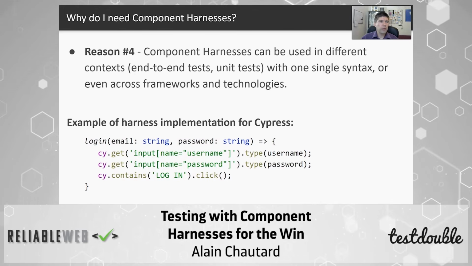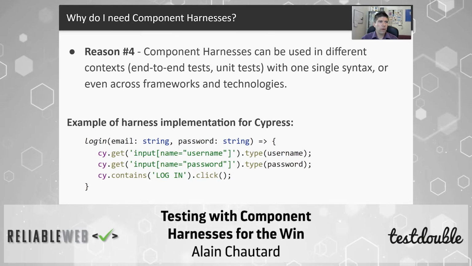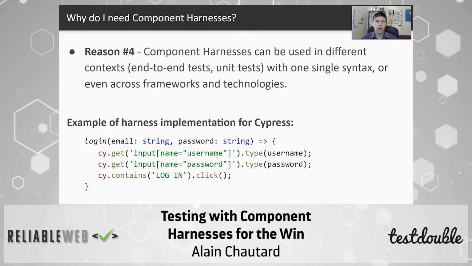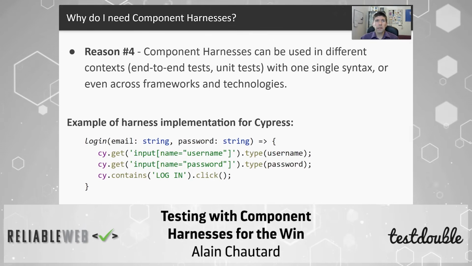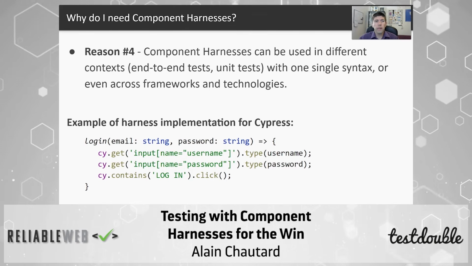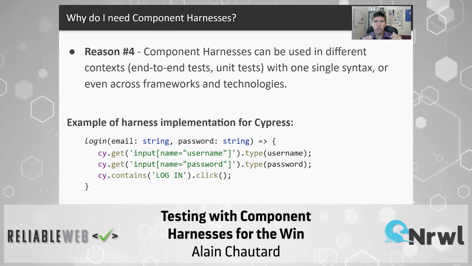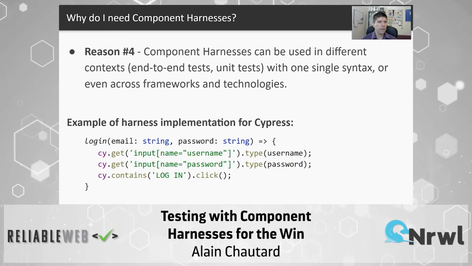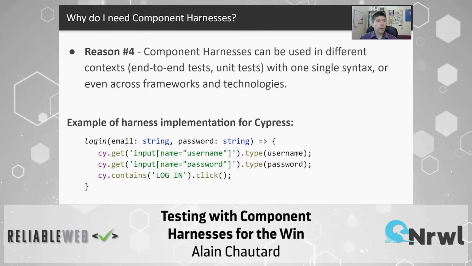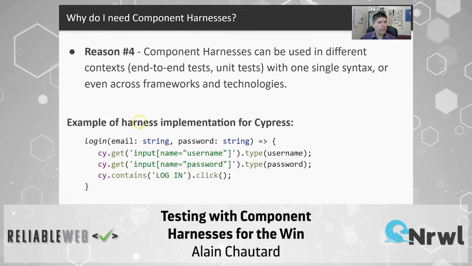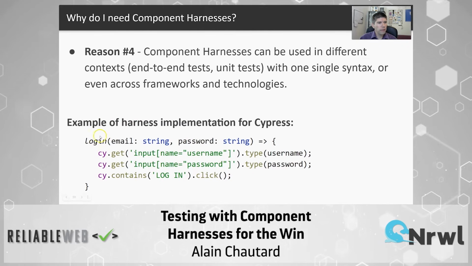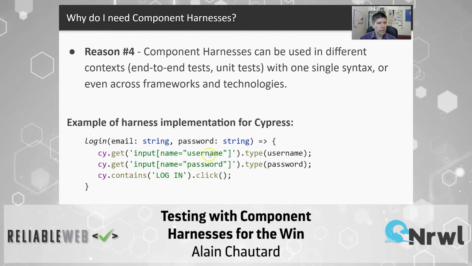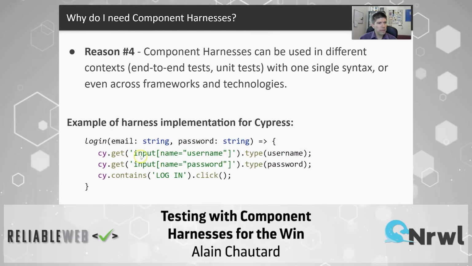So this is great because it allows you to write tests that are going to work across frameworks and technologies possibly, because under the hood, our harness is going to be just all about selecting DOM elements, right? That's all it does. It's going to query the DOM, return those elements, and maybe have some interactions with them. So if I want to implement a harness, let's say we have an example here for Cypress. It's a login method. We select an element by a specific CSS selector.